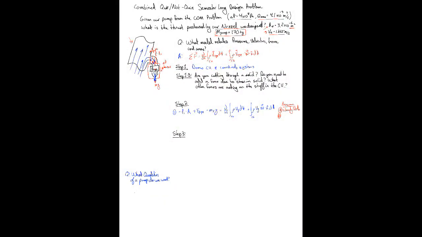B, density is equal to a constant. C, uniform flow. And I think that's all we can assume right now. So let's assume D, gauge pressure. Awesome.